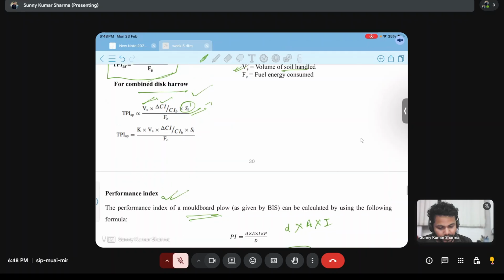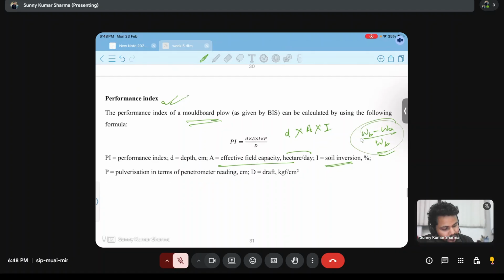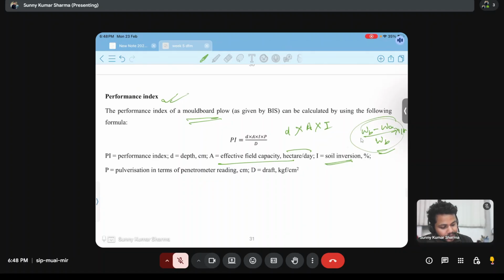And how do we compute this soil inversion? This we have also discussed. What is the number of weeds before plowing, and the number of weeds after plowing? This is computed in percentage, and that is the percentage soil inversion.